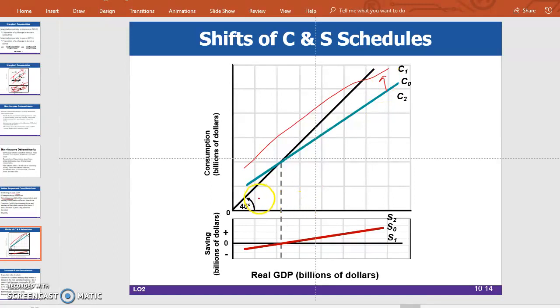This will be a parallel shift. And also if consumption goes down, from C0 to C2, this is what? Downward shift. See, it's going down. Similarly, when consumption increases, savings, look, savings S0 will go to S2, S1, see, and consumption C2 will increase to what?